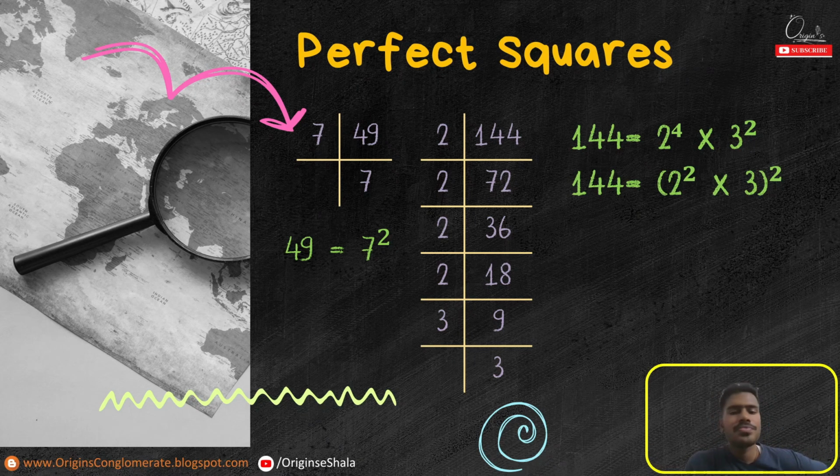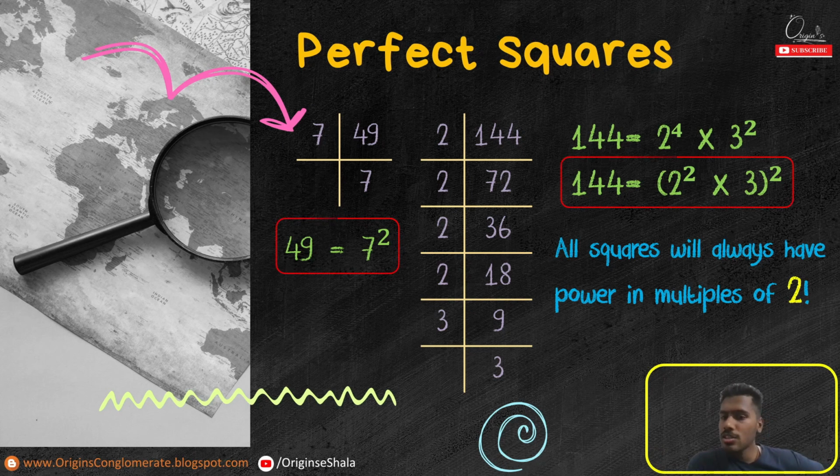What do you notice here? All these square values will have 2 multiplied in them, every individual prime number. For squares of primes it is quite simple, because only a single number will be there and you will definitely identify that it is a square.